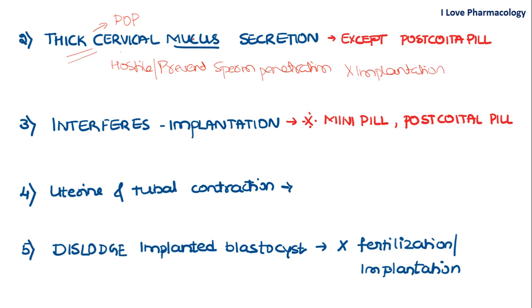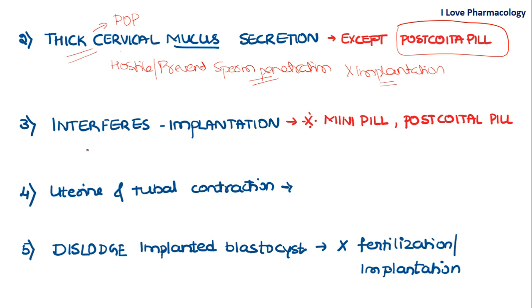By increasing the thickness of the cervical mucus, they prevent sperm migration and penetration, and also can prevent the implantation process. This mechanism will be seen with all the methods of oral contraceptives except for the postcoital pill, the emergency pill.